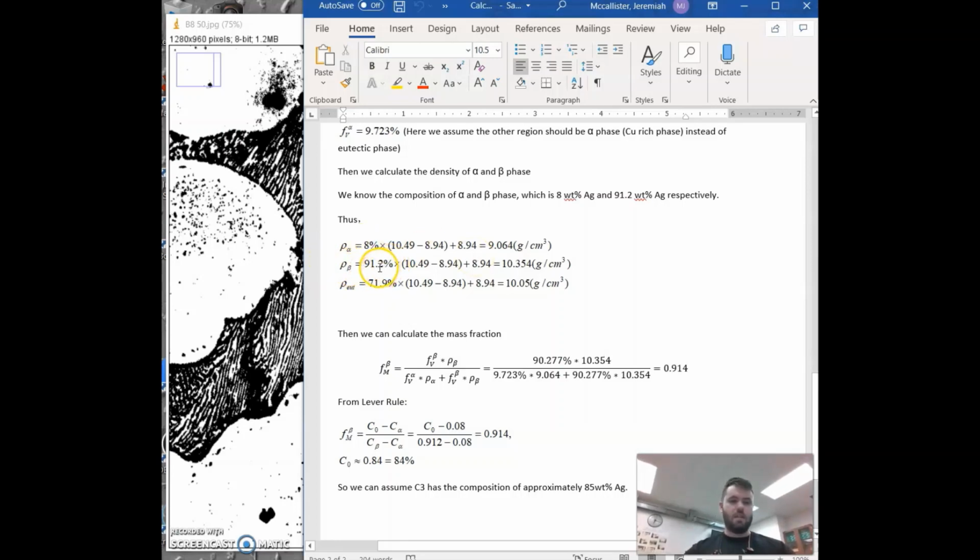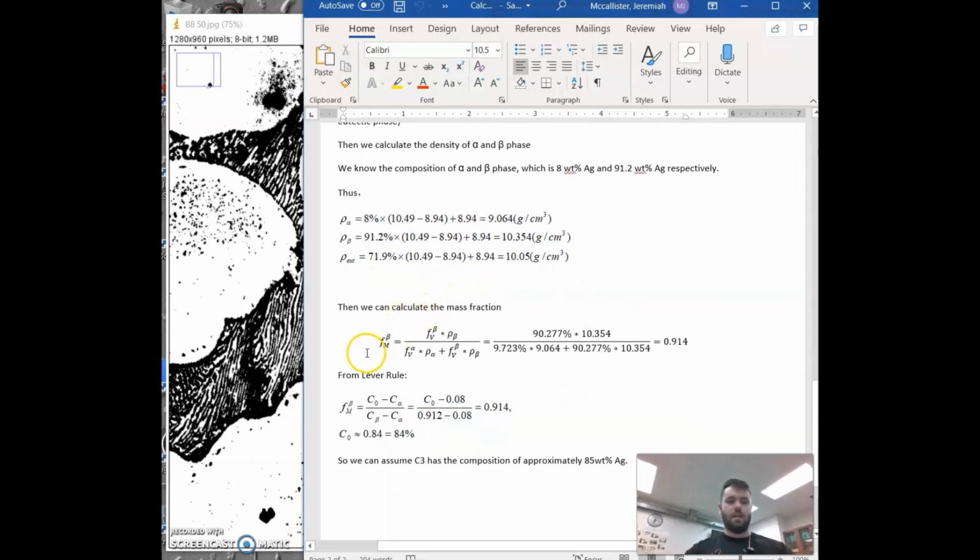Our beta density is going to be 91.2% times silver minus copper again, plus copper. And our eutectic density is going to be 71.9% times silver minus copper plus copper again. So this is our eutectic density.